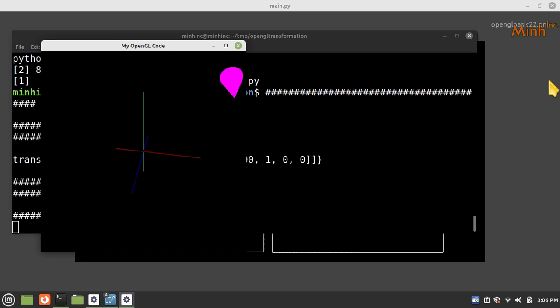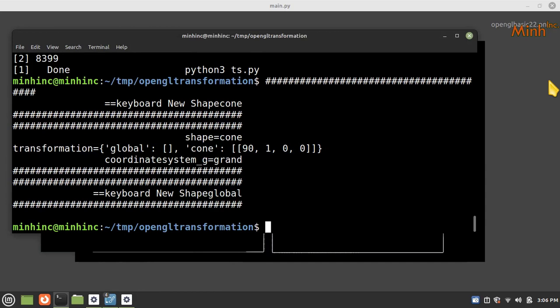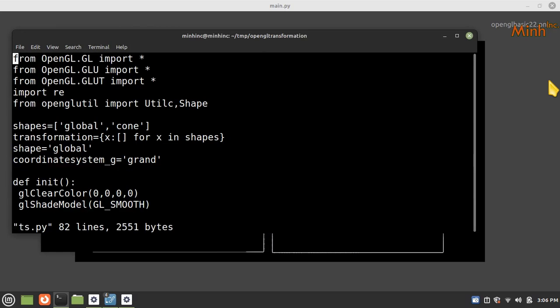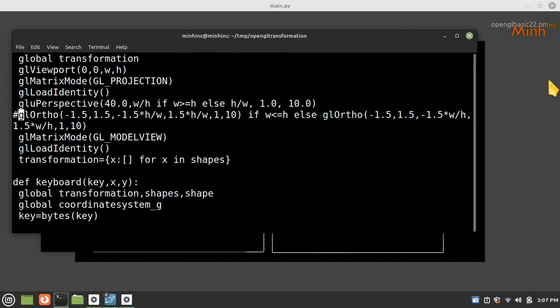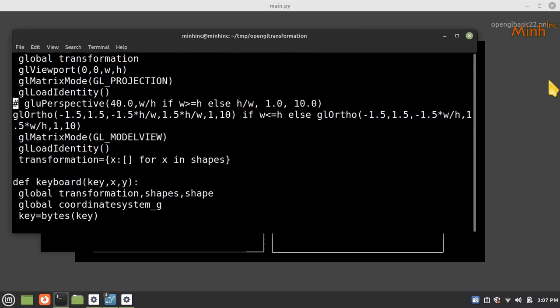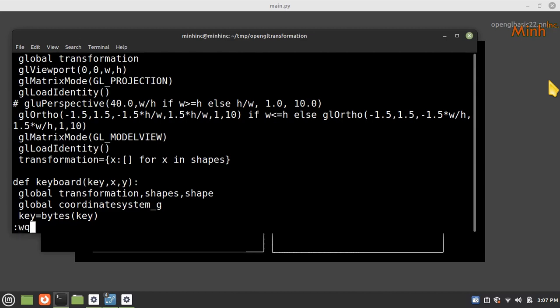Now we'll go with the orthographic. Same thing. Exactly, now it is ortho.